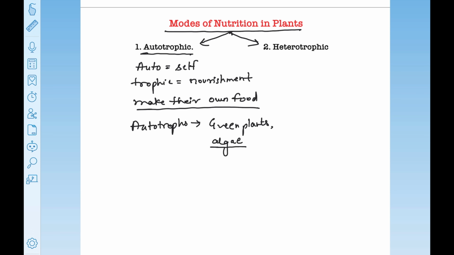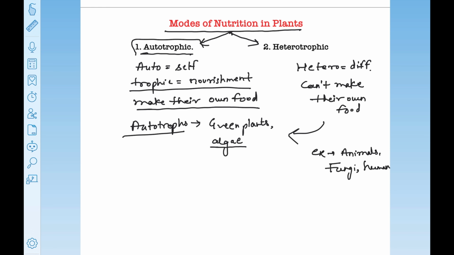Now let's talk about heterotrophic mode of nutrition. So what is the meaning of hetero? Different. Okay, and trophic means again nourishment. So most plants are autotrophs, okay, but some special plants cannot prepare enough food, so they show heterotrophic mode of nutrition, and those plants are called heterotrophs.